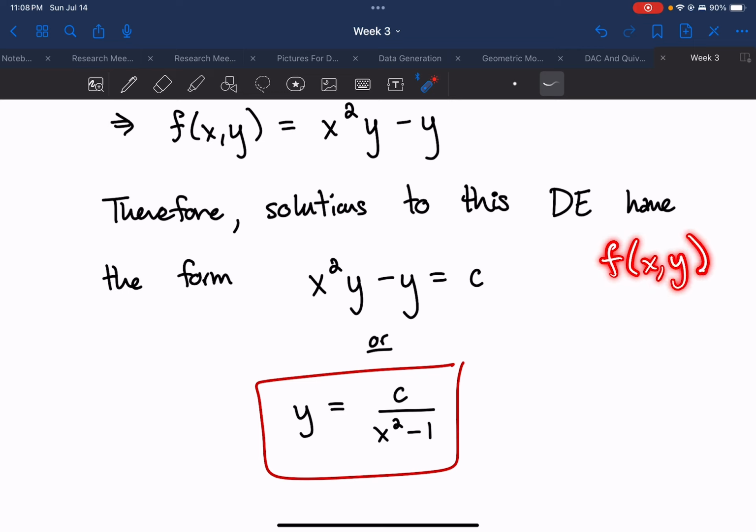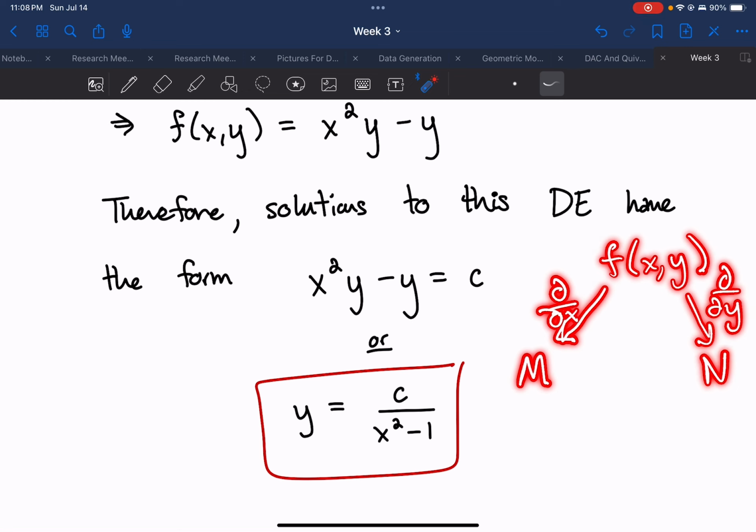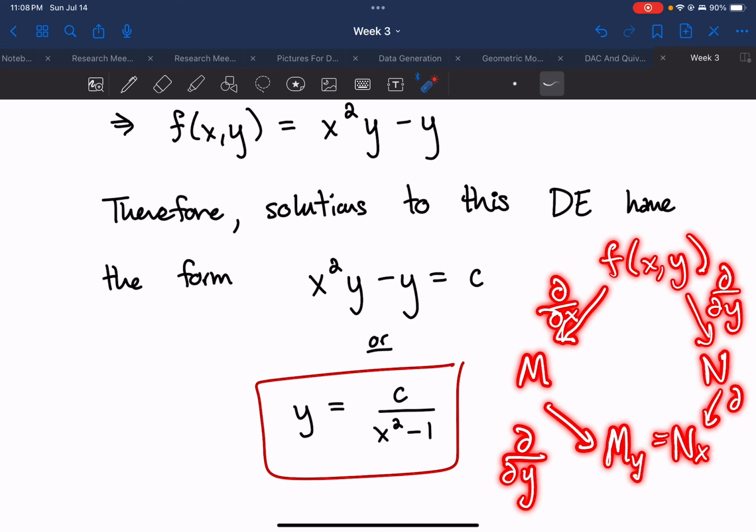Now we can take its derivative, partial x, and that should give us the function M. We can also take its derivative, partial y, and that should give us the function N. And if we take the derivative of M partial y, we should get M sub y, which should be equal to N sub x, which is the partial derivative of N with respect to x.